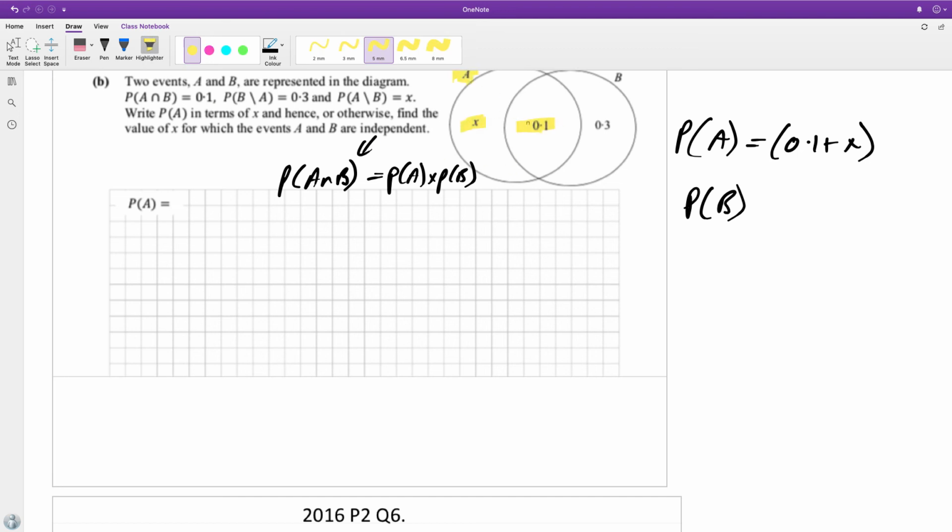Because it's X and the 0.1 is included. What is the probability of B? 0.4. Why is it 0.4?